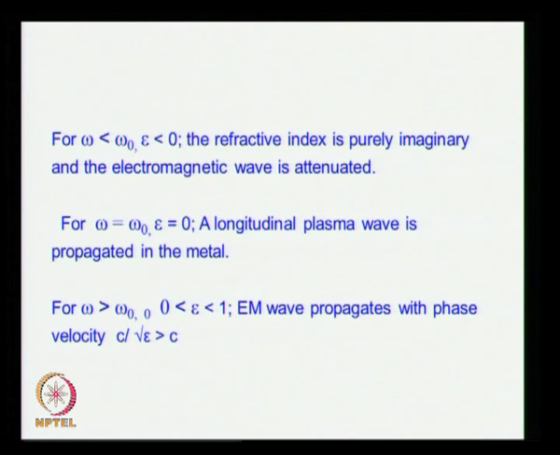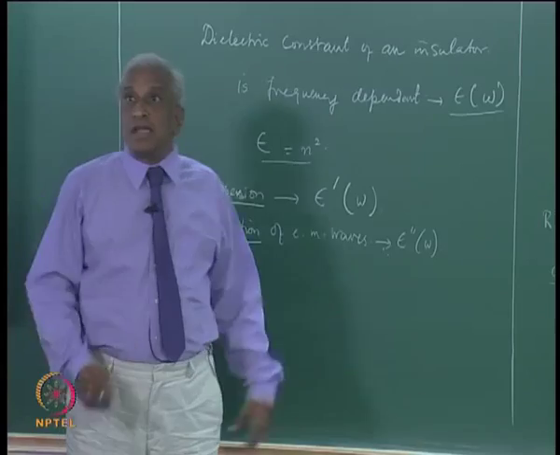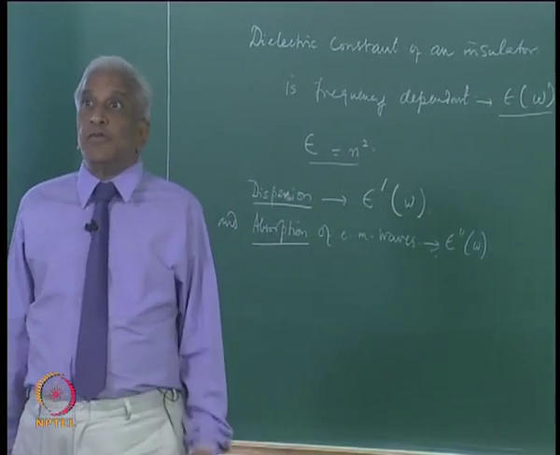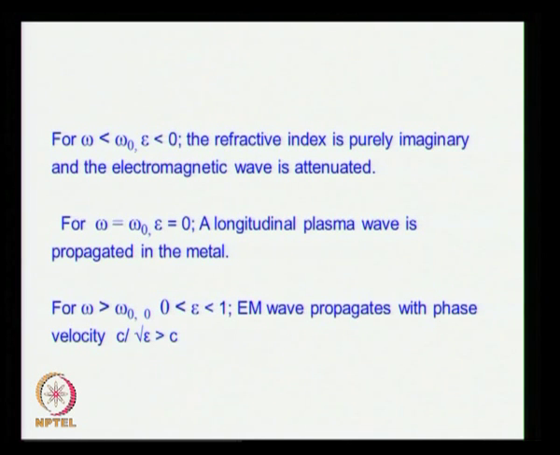This behavior is explained as follows: for omega very small compared to omega naught, there is a negative dielectric constant, and correspondingly the refractive index, which is the square root of the dielectric constant, is purely imaginary, and an imaginary refractive index means that the electromagnetic wave is attenuated. So, it does not propagate inside the metal, and it is perfectly reflected, which is the reason why a metallic surface appears highly reflecting, shines.